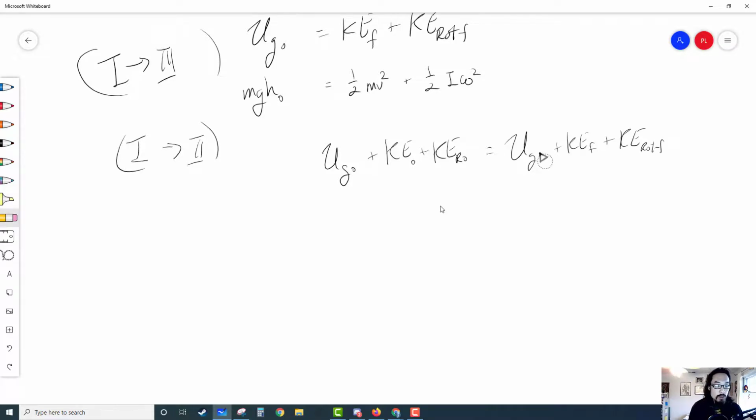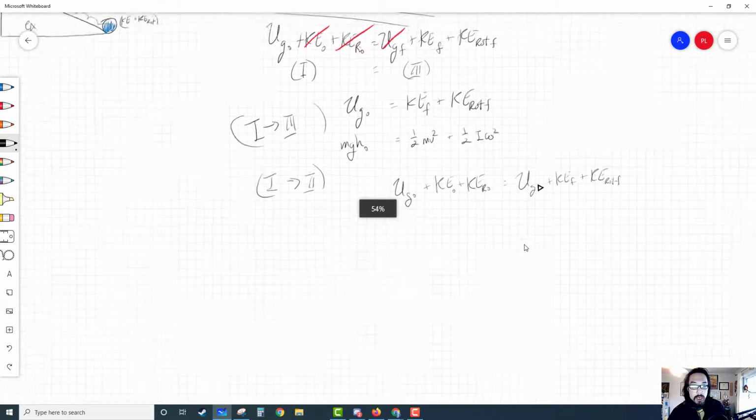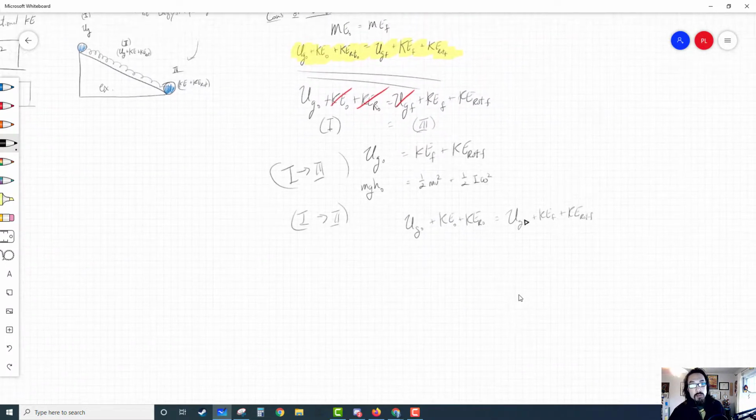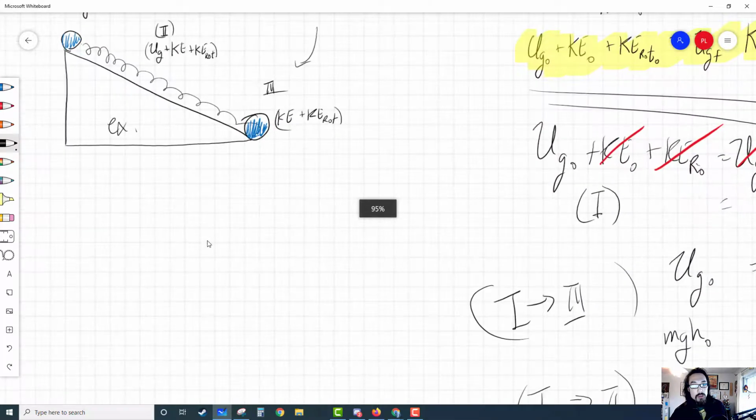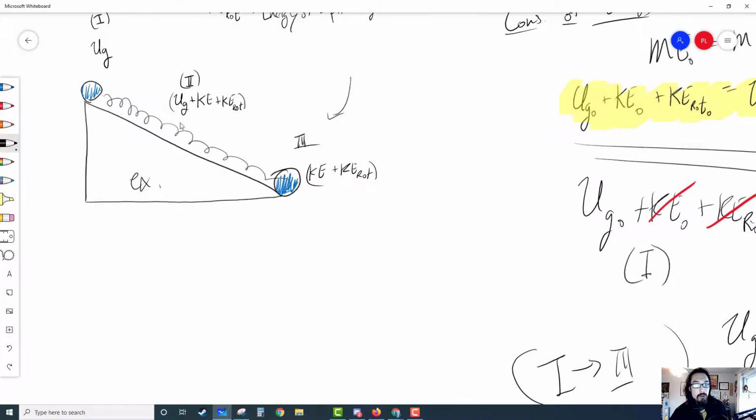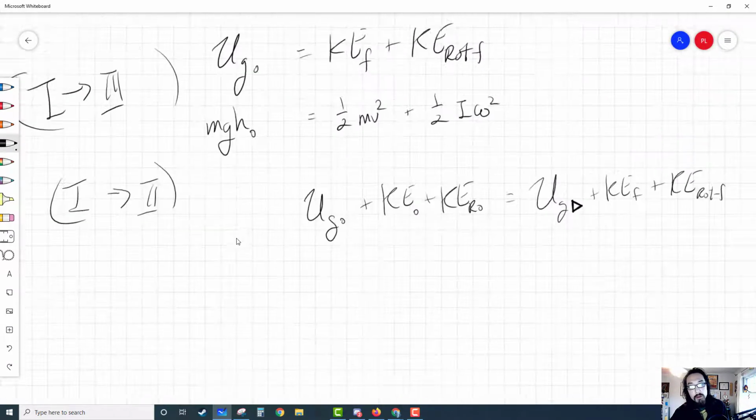Okay, so we have all those. And once again, if you have your scenario, by looking at the scenario, you should be able to determine what are the zeros. So if I'm going from 1 to 2, that is when I first release the object, and I'm looking at somewhere between. Somewhere mid-roll down the ramp.